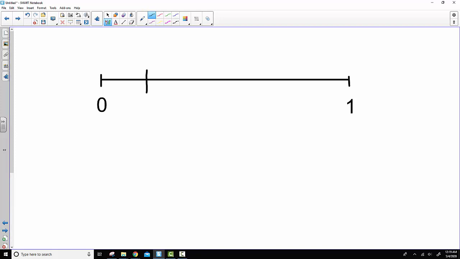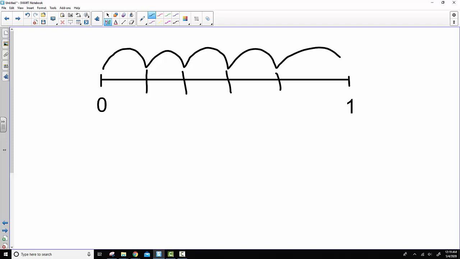So now we'll add additional ticks between 0 and 1 on this line segment. Again, our first job is to find out how many parts are between 0 and 1. I know the ticks are not exactly even, but let's just pretend they are for our purposes today. So let's find out how many parts there are. We count 1, 2, 3, 4, 5.